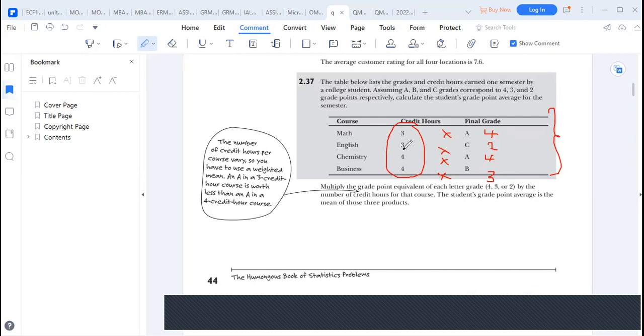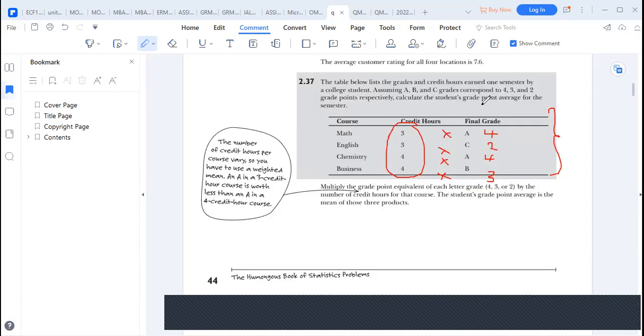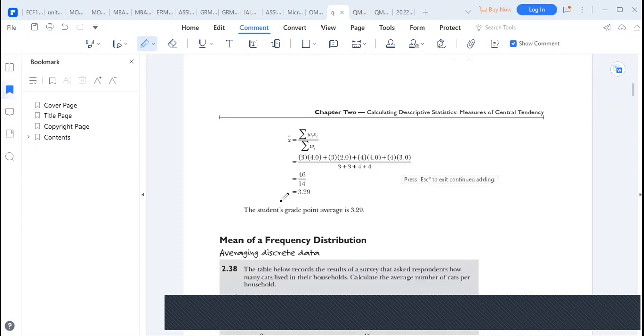So 3 plus 3 is 6, plus 4 is 10, plus 4 is 14. Is it mentioned that those are averages? Yes, it's mentioned. So the averages are not to be added to the numbers. You just add the number of hours there. So you get 3.29. So this is how we get this.